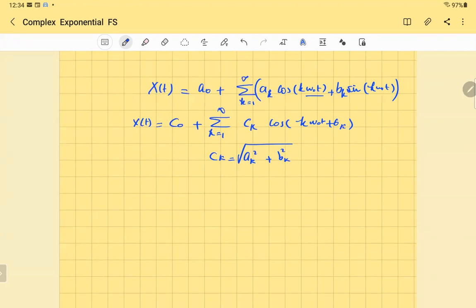So you have a1 and b1. a1 squared plus b1 squared, you get c1. a2 squared plus b2 squared, you get c2. If a term is 0, you just write 0, and you continue. That's how you get the magnitude, ck.